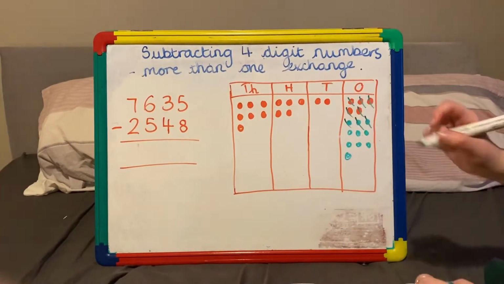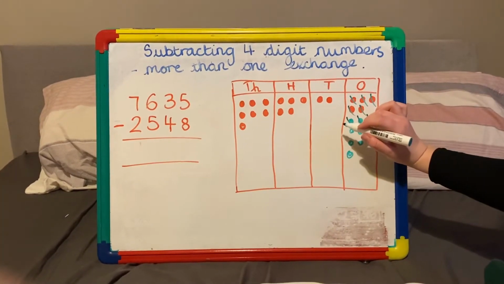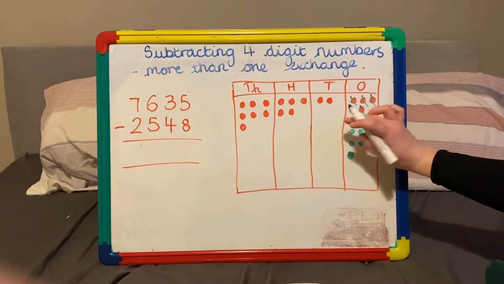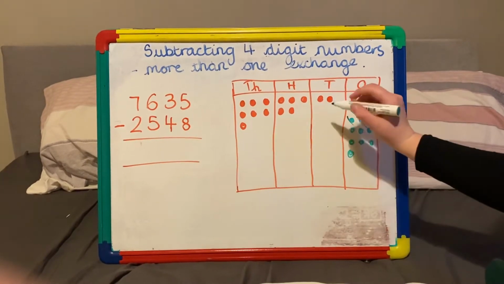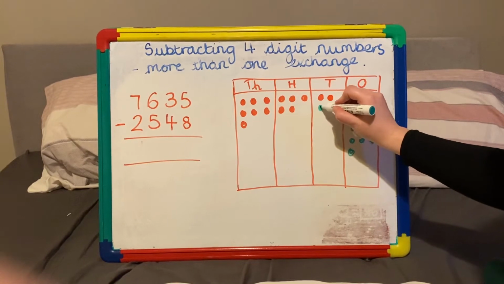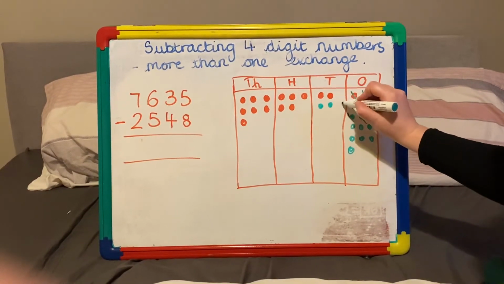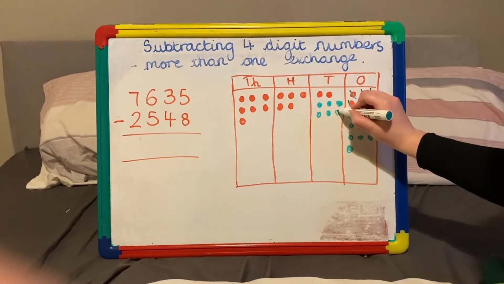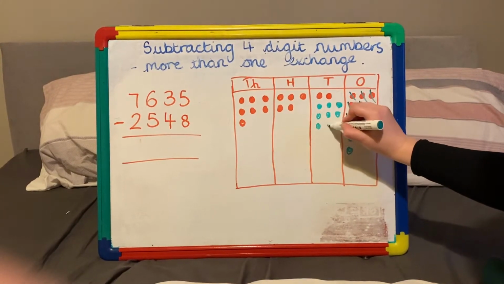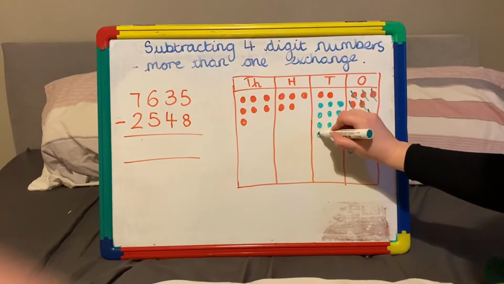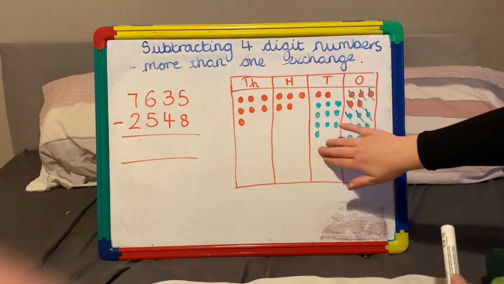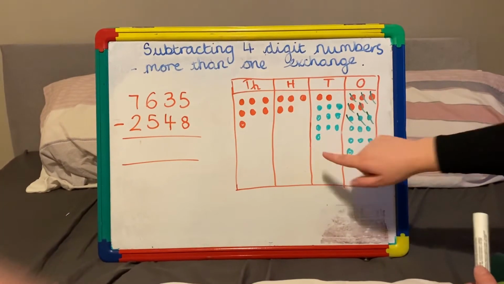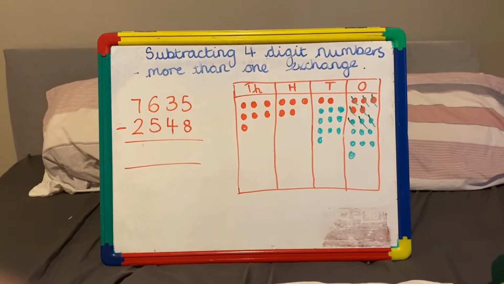When I replace it in the tens column, I'm going to need 10 of those tens counters to make the same value as one of those hundreds counters, because one hundreds counter is 100 and 10 tens counters is 100. So I'm adding those in, 9 and 10. I now have added 10 counters because I exchanged it. I took my hundreds counter and placed 10 counters in my tens column.